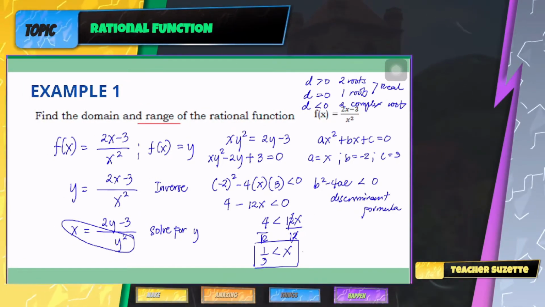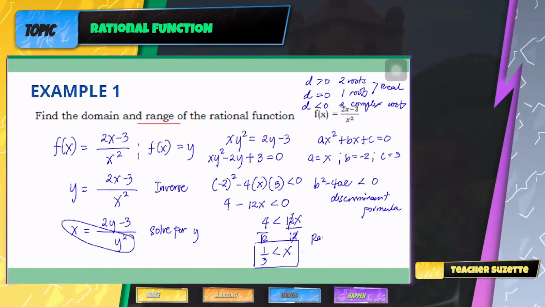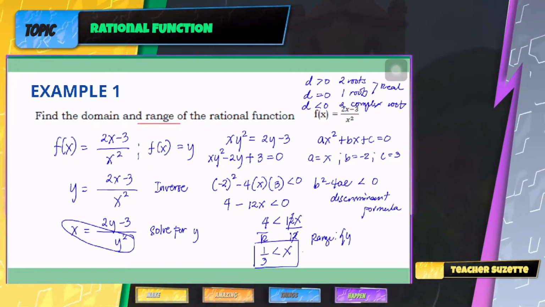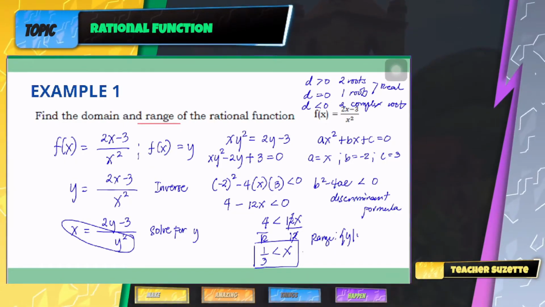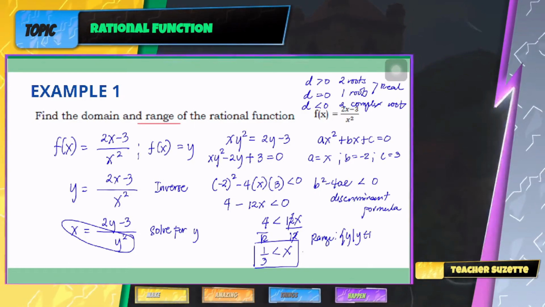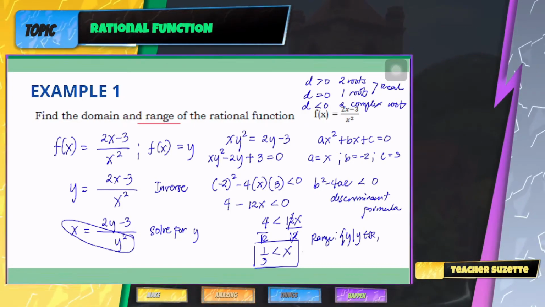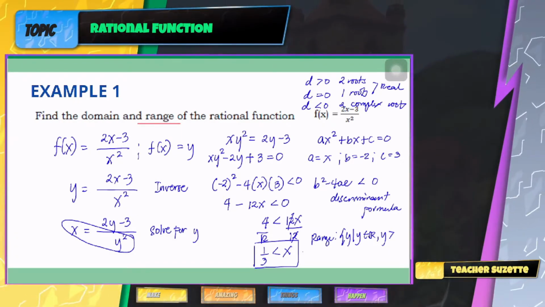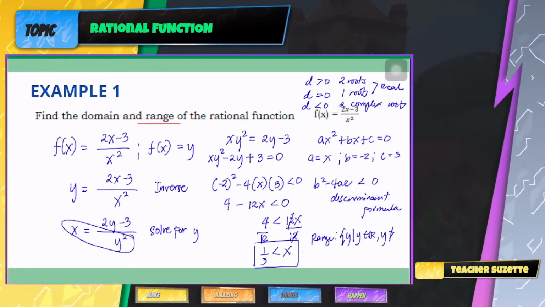Therefore, the range of this function is y such that y is an element of the real numbers where y is not greater than 1/3.